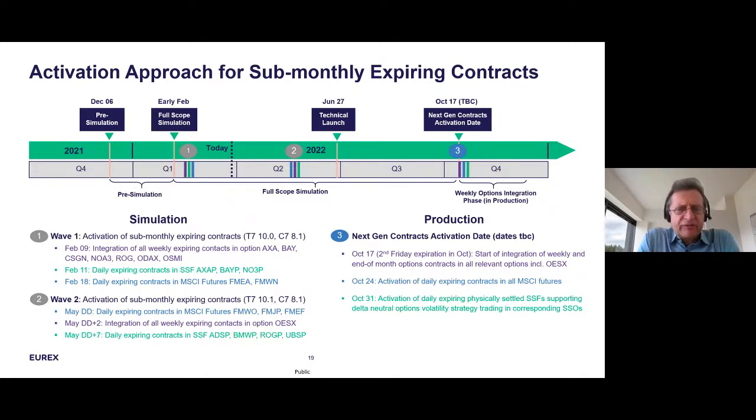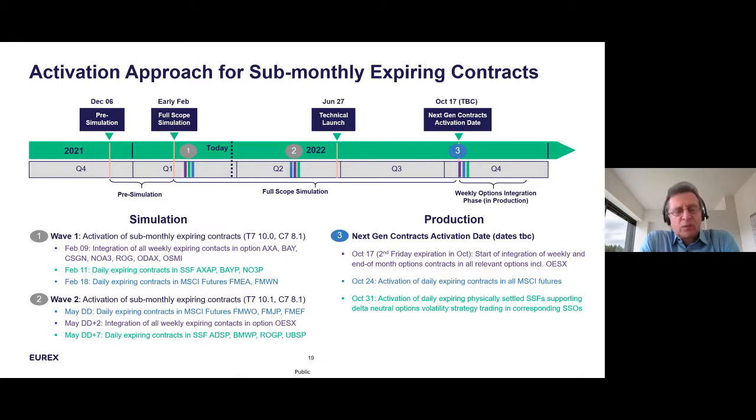We already have activated in the simulation environment a couple of sub-monthly expiring contracts in several option products. We have activated integrated weekly options in the stock options AXA, Bayer, Credit Suisse, Nokia, and Roche.